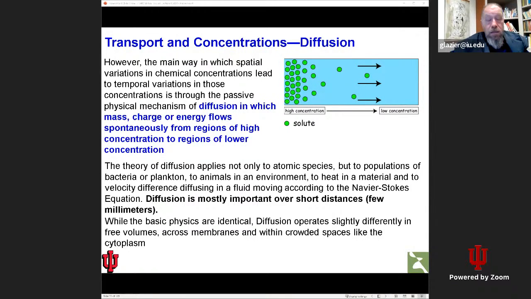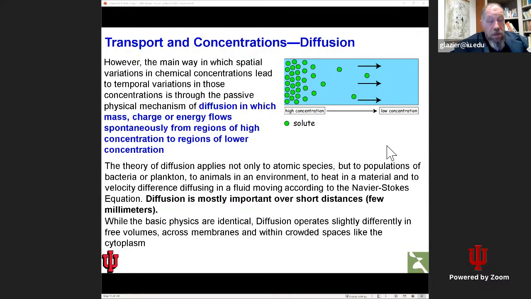And the reason for that is fundamentally pretty simple. If the molecules here are moving randomly, and the molecules here are moving randomly, in this region here the number of molecules moving to the left is pretty small. In this region here, the number of molecules moving to the right is pretty big. And so the net flux will be from high concentration to low concentration until the concentration is uniform.